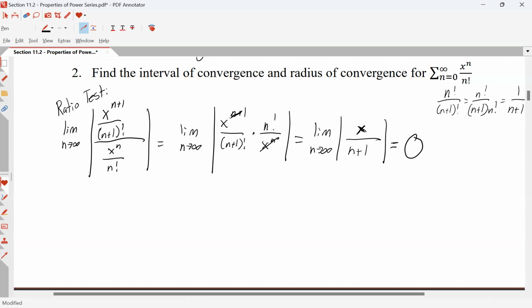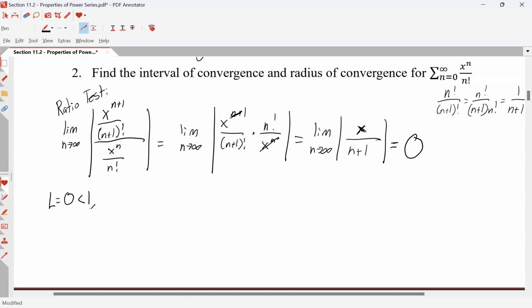Meaning, we just ran the ratio test and we got the limit to be 0. So our limit equals 0, which is less than 1.